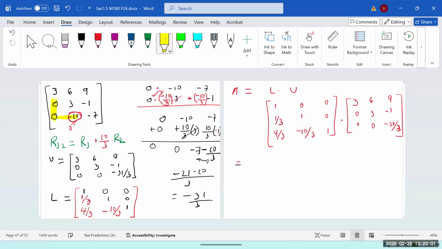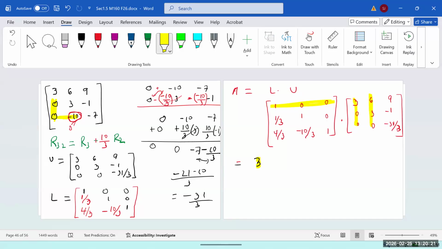When we multiply, we take the first row and multiply by the first column. Everything cancels out, and we get only 3. Then we multiply the second column.